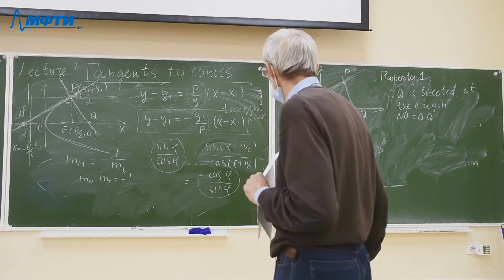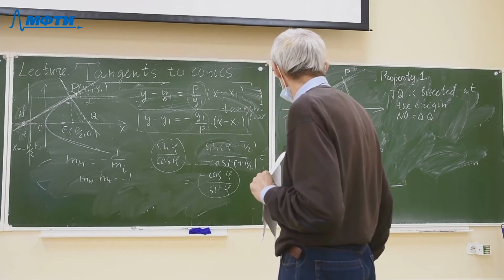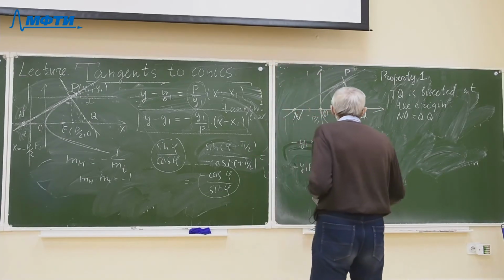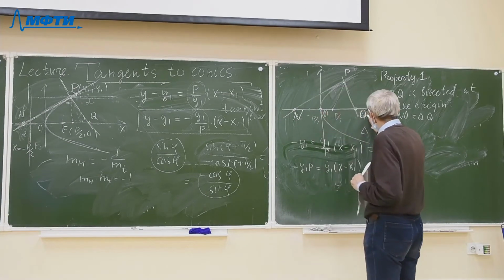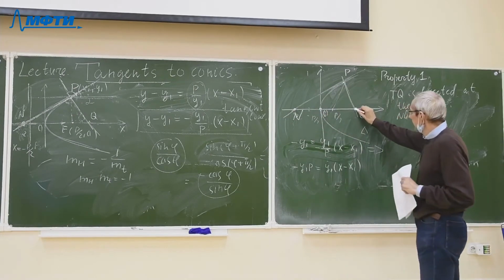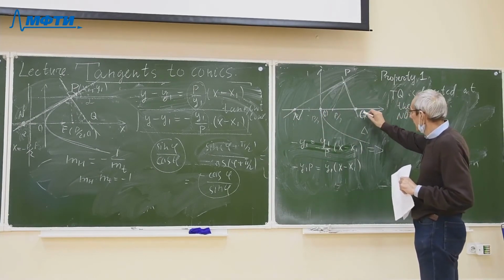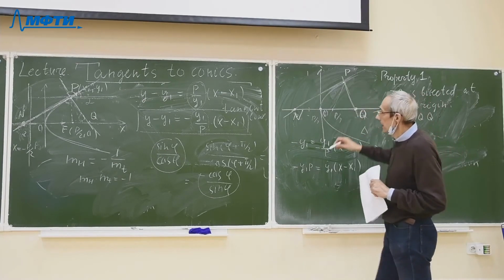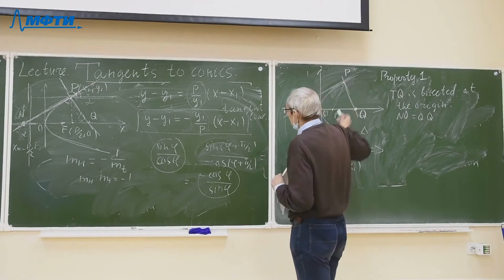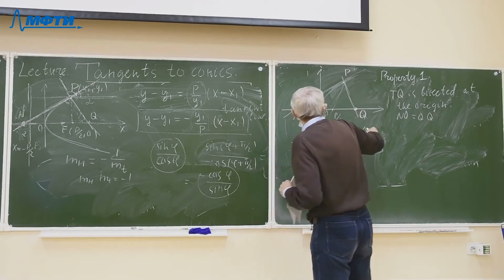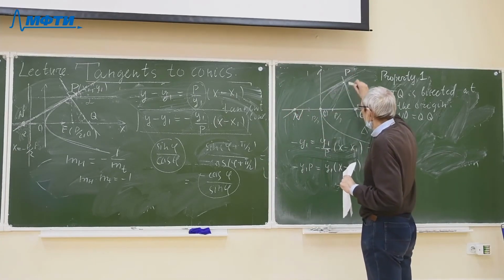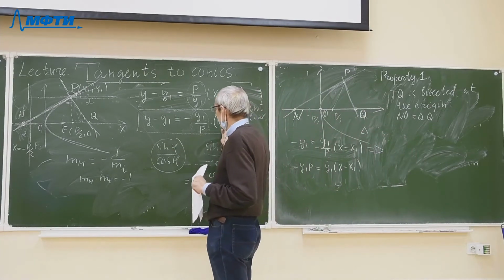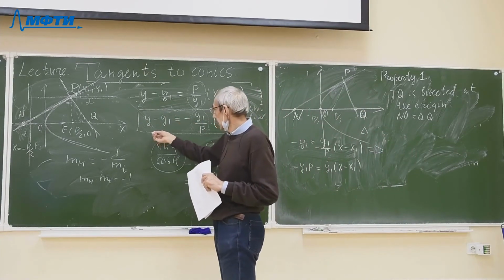You wrote NQ is equal to QQ. Yes. We calculate the first coordinate of point Q. The point Q lies on the normal straight line, and all points of the straight line satisfy the equation of the straight line.